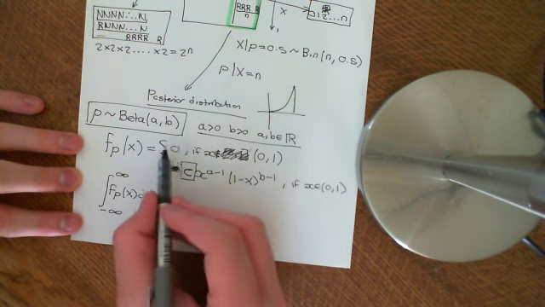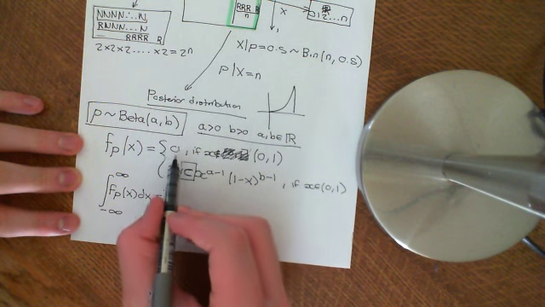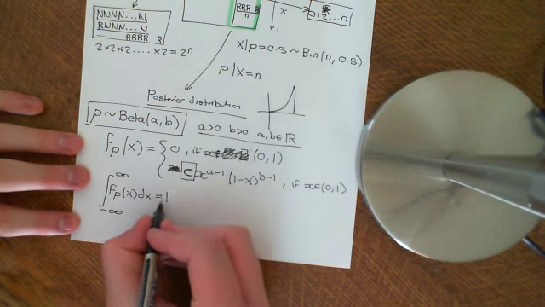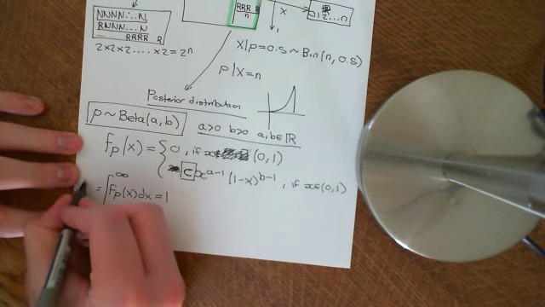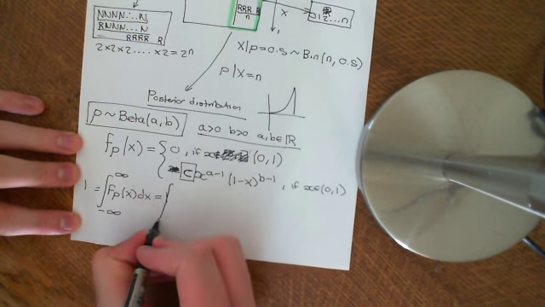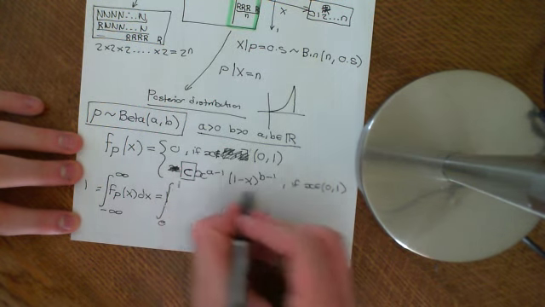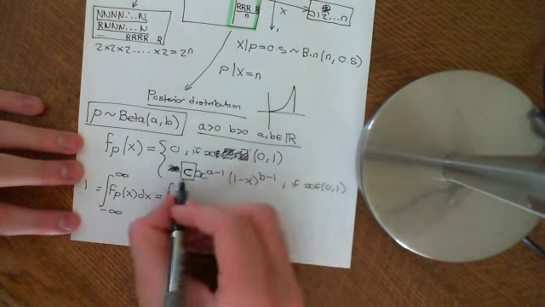Now, except on the interval 0 to 1, it is equal to 0 everywhere. If I integrate 0, I get 0. So in fact, I want this integral to be equal to 1. This integral becomes the integral from 0 to 1 of this bit, because on the interval 0 to 1 it is equal to this.